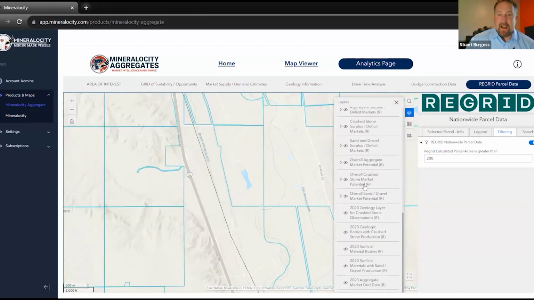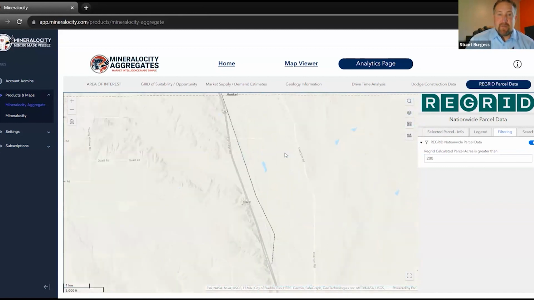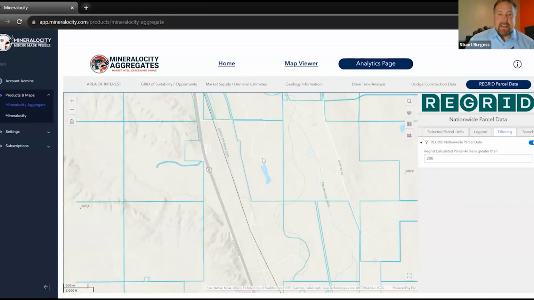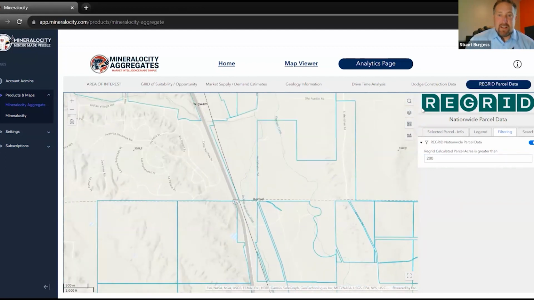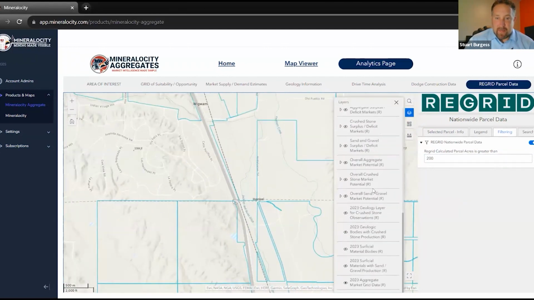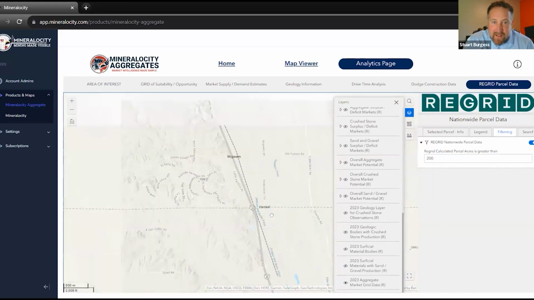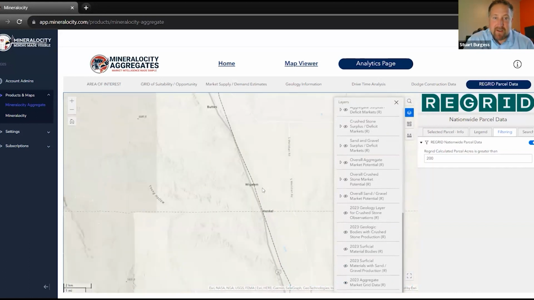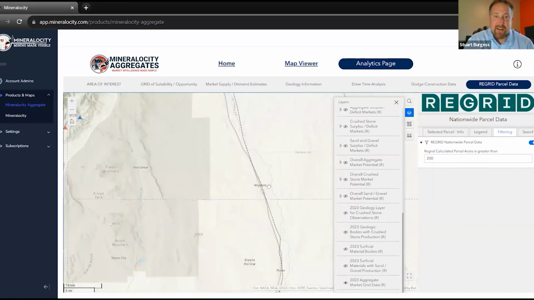And if we want to narrow it down even more with the geology and everything else, we can actually turn on the grid. My grid's not turning on right now. It's all right. Sometimes it's a little sensitive if you're zoomed in too far.